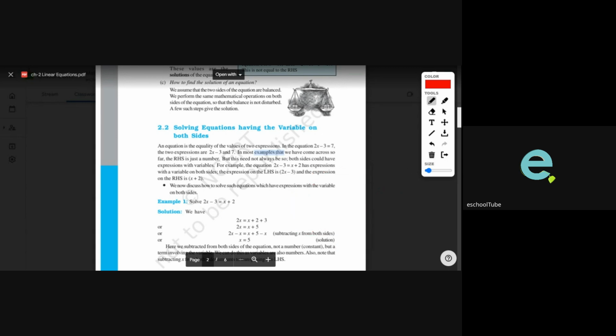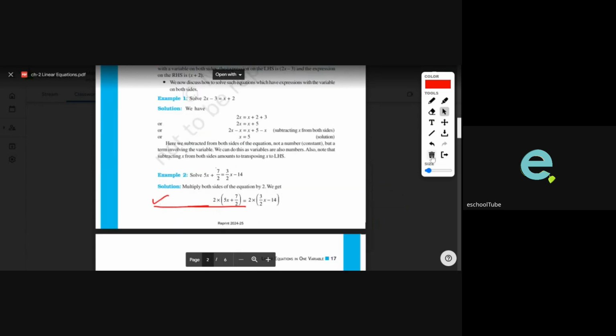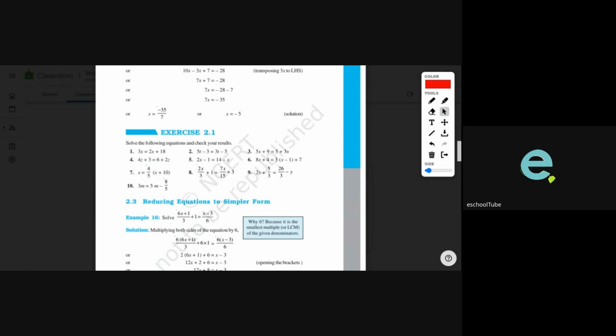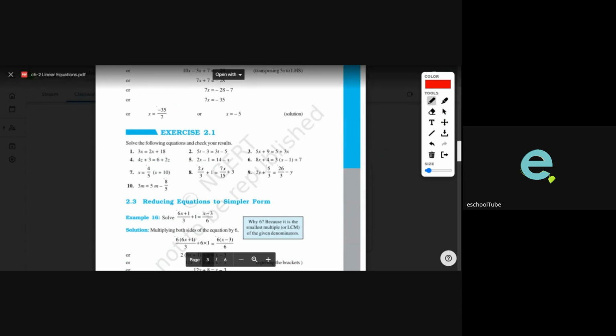So here you should see these examples. Example 1, then see example 2. Under the example, you have the solution also. Try these steps. Watch them carefully. Okay? And then try this exercise number 2.1. Okay, Yukti?